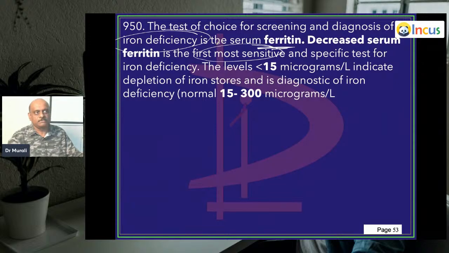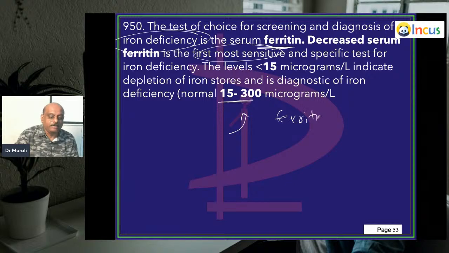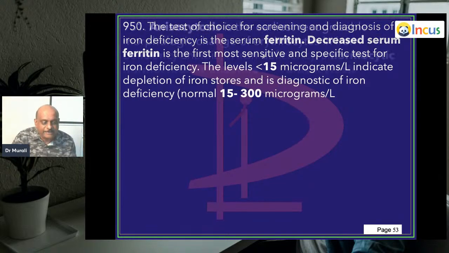Low ferritin, low iron, microcytosis, anemia, iron deficiency. That's how you confirm. So the normal ferritin level is 15 to 300. Please don't forget. Because you know all this, but not knowing the normal value can make you die in the exam. So a level less than 15 indicates iron deficiency.